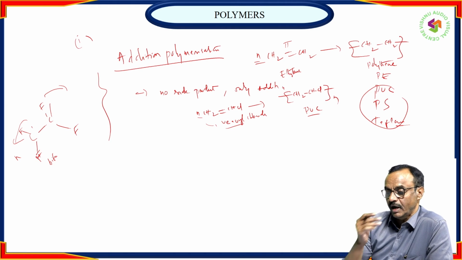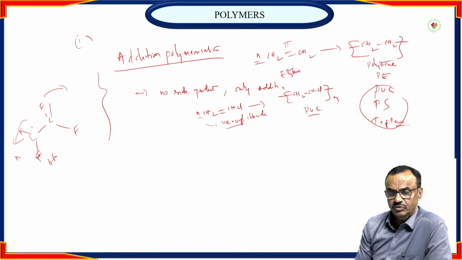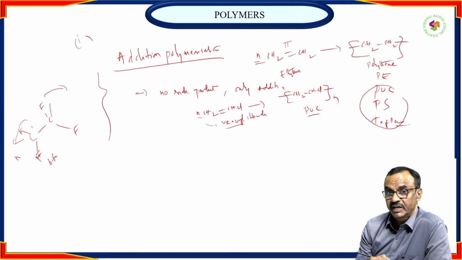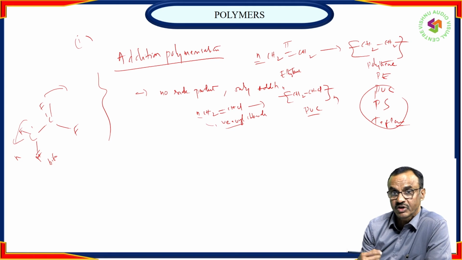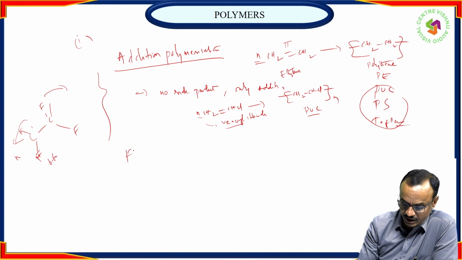Almost all addition polymerization takes place in the presence of peroxide. In the syllabus, many mechanisms exist: cationic addition polymerization, free radical addition polymerization, but in the syllabus we have only free radical addition polymerization.